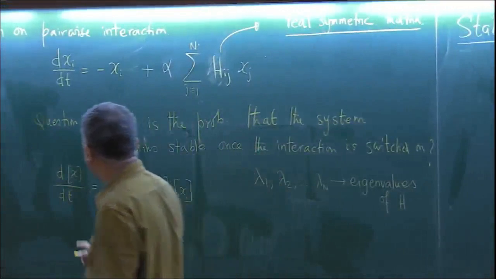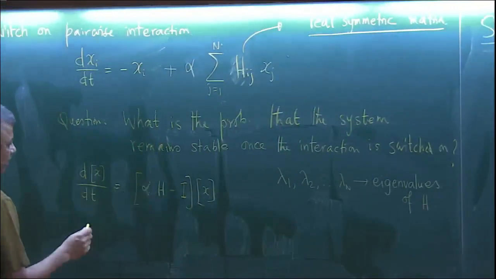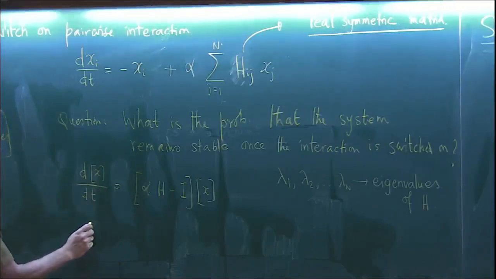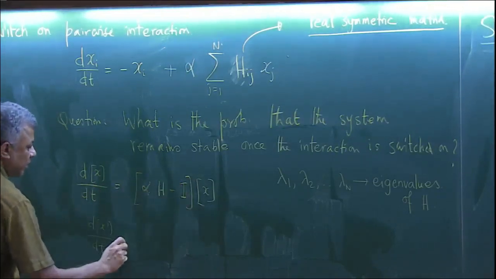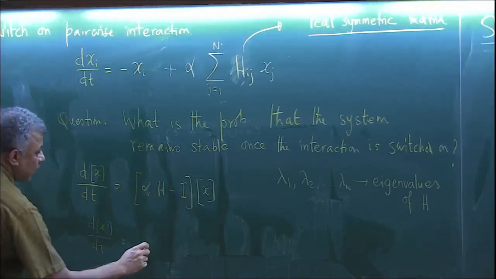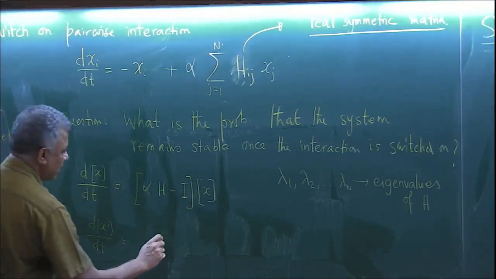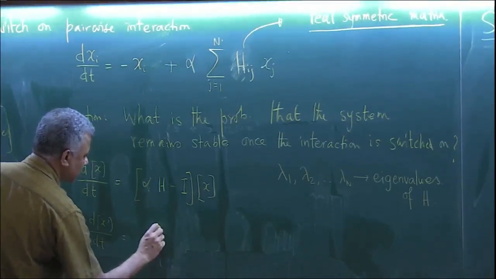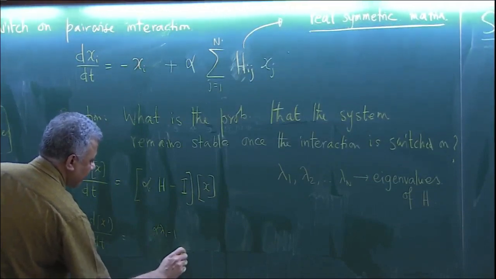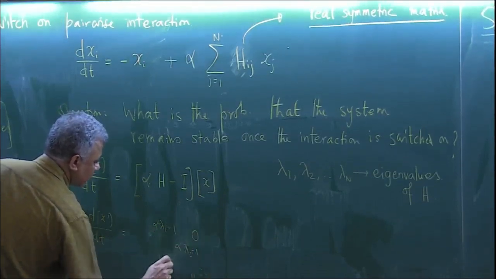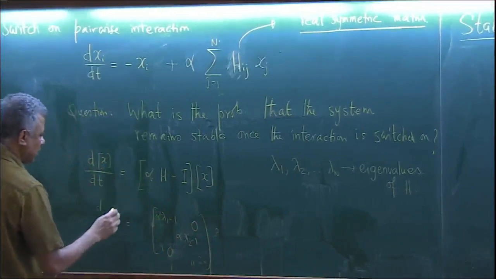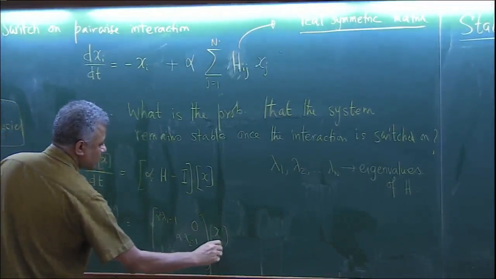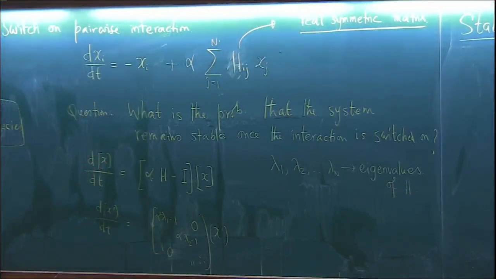If I diagonalize this matrix, going into the diagonal basis, again making a similarity transformation with O transpose O which diagonalizes this matrix, then you will have alpha times the diagonal matrix, alpha minus 1, times whatever; this I call x prime. I just diagonalize this matrix by going into a different basis.